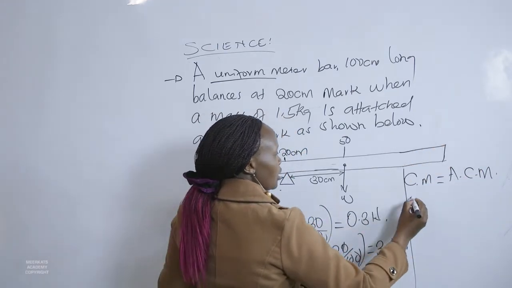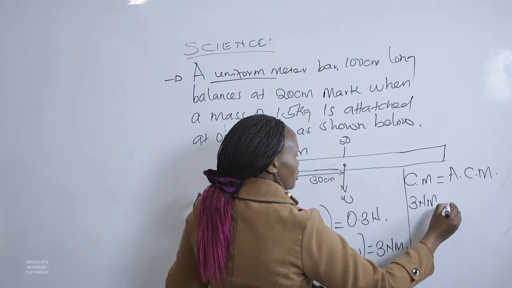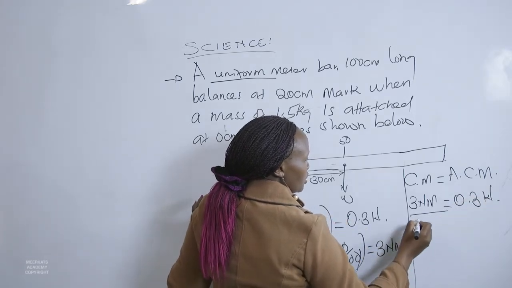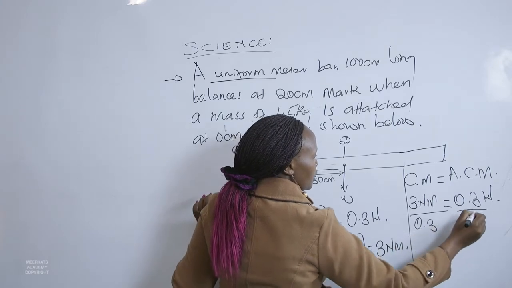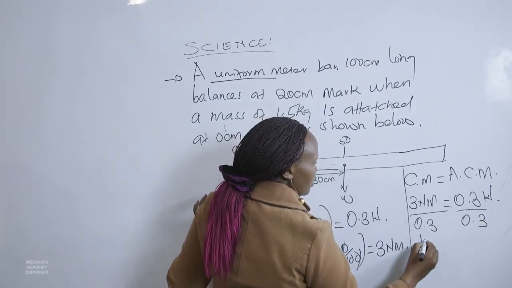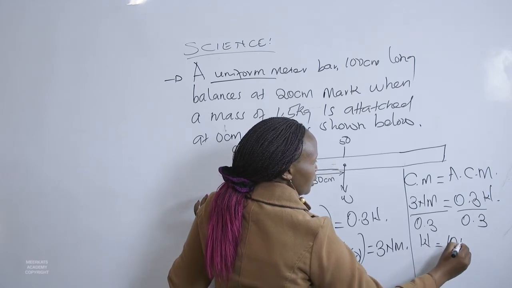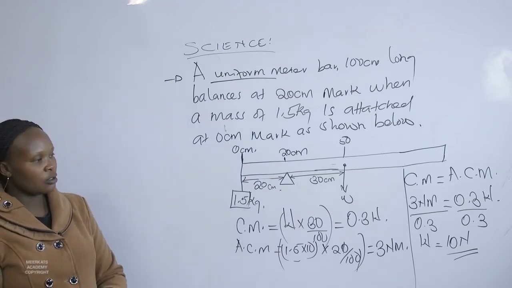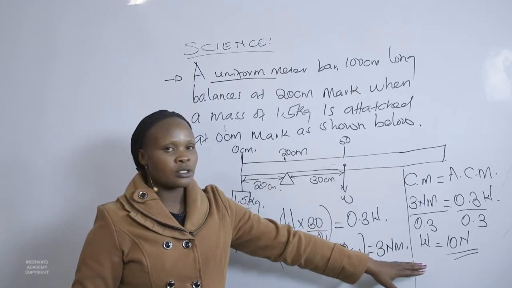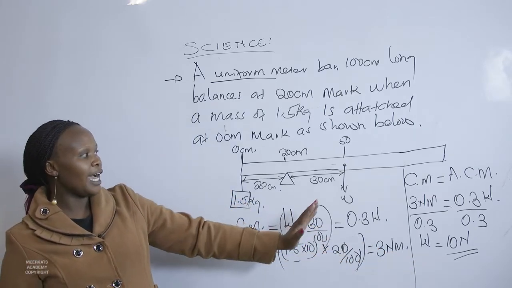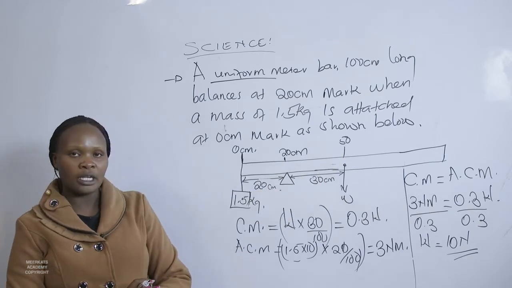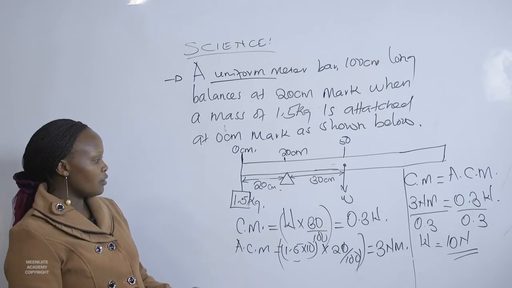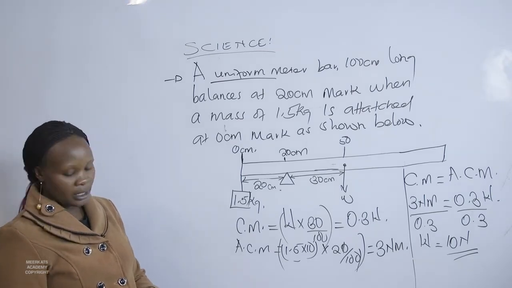So we can take 3 Newton meters and equate it to 0.3 W. Collecting the like terms, we can have our W being equal to 10 newtons. Therefore, the weight of our meter rule is 10 newtons. Now, it is important to note that at the center, that is where we shall have the point of application of our weight, and therefore we can take the moments and compare the two.